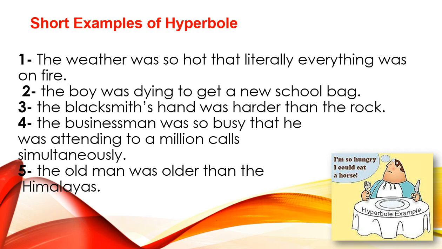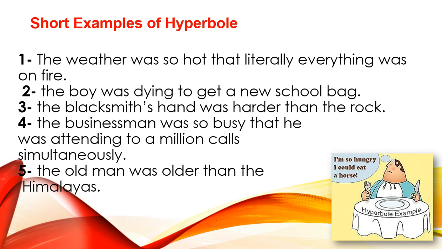The weather was so hot that literally everything was on fire. The boy was dying to get a new school bag. The blacksmith's hand was harder than the rock. The businessman was so busy that he was attending to a million calls simultaneously.